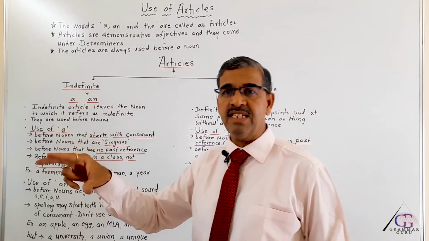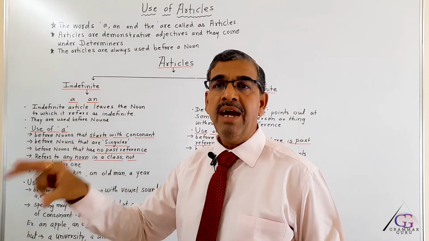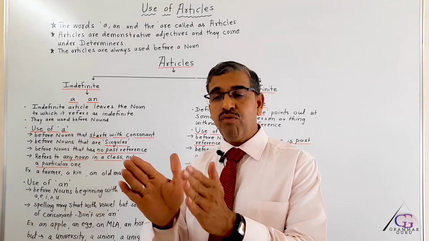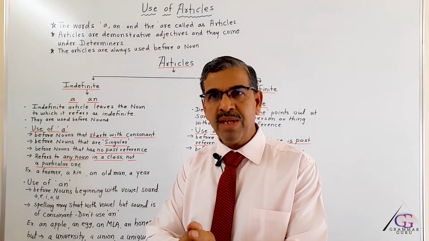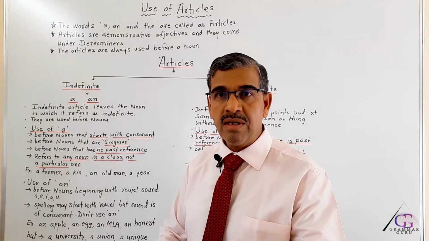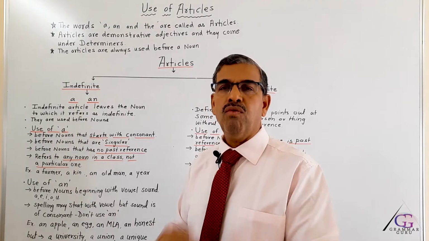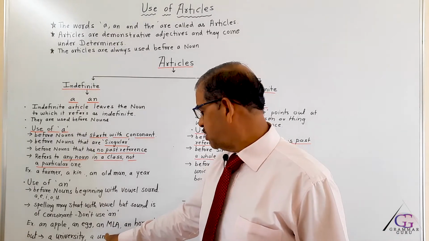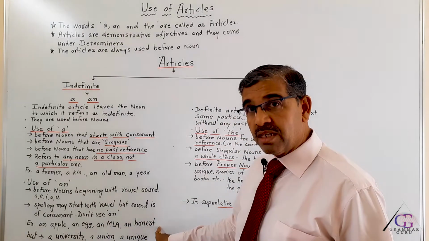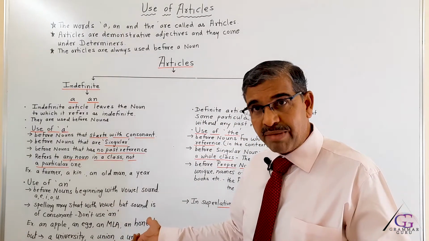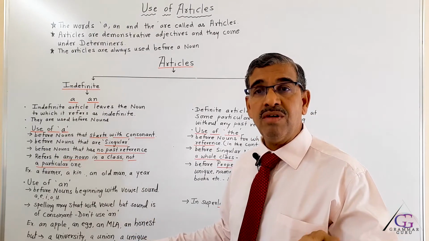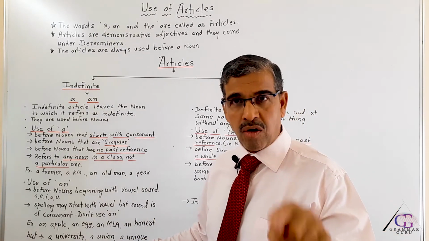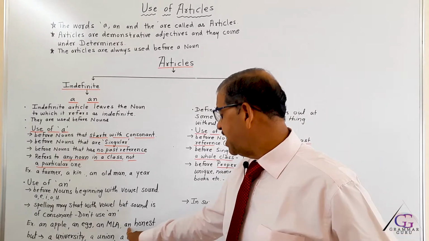Whenever there is a designation, any post, an MBA, an MLA, because the word may start with M, that is a consonant, but the sound heard is a vowel, so an is used mostly before designations. Then an honest, look, there is no vowel at the beginning of the spelling, but the sound heard is o, so we say an honest.